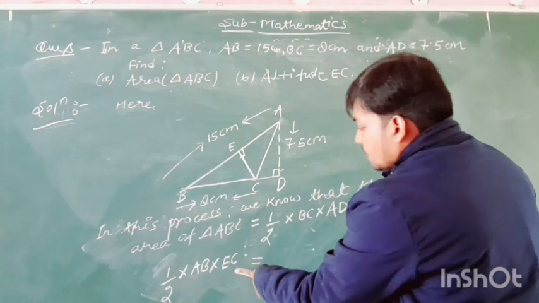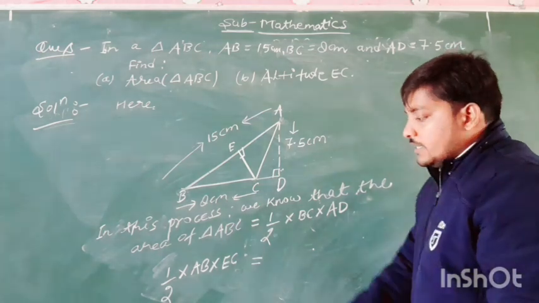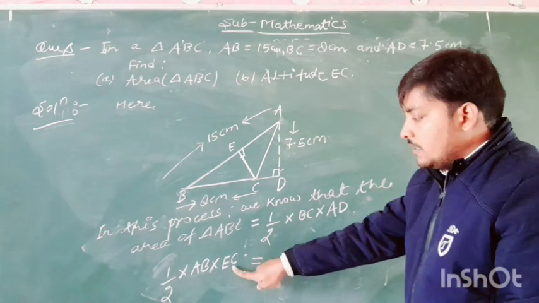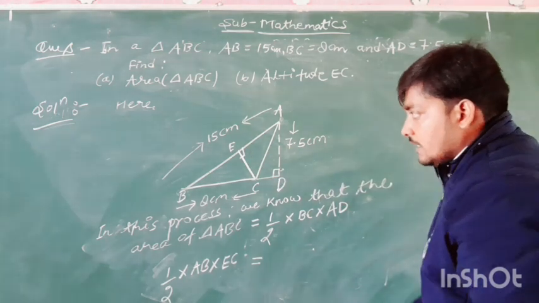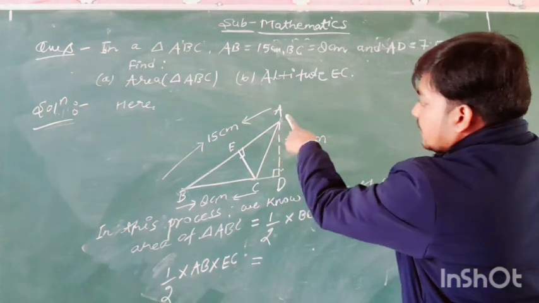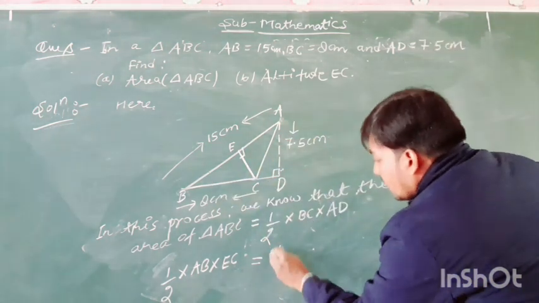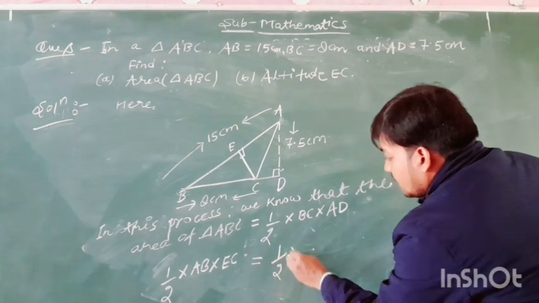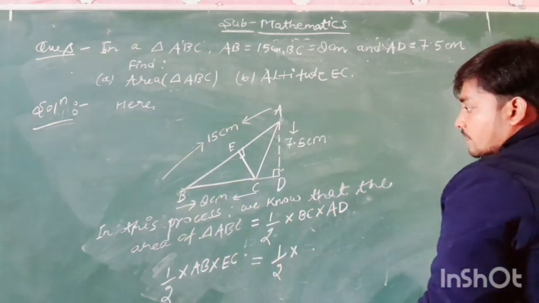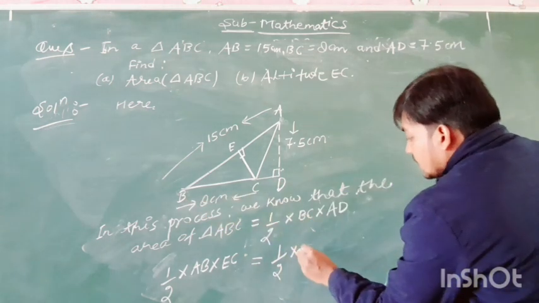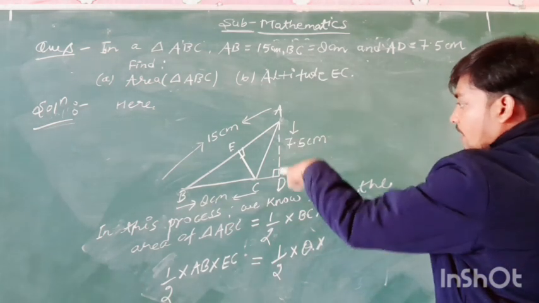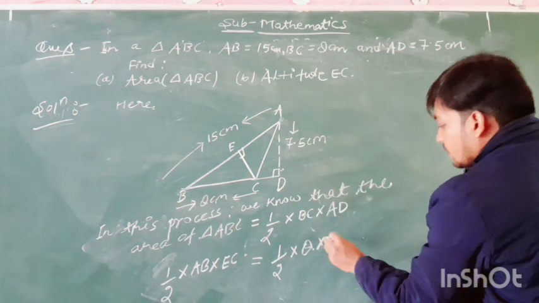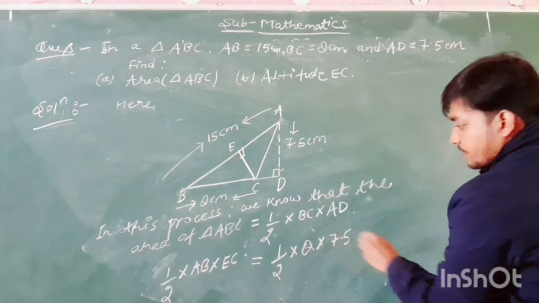Here we have to calculate EC, which is the altitude of the triangle when base is AB. 1 by 2 into value of BC, which is equal to 8, and value of AD, which is equal to 7.5.